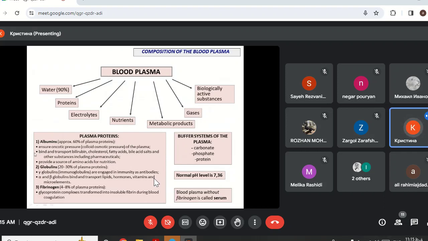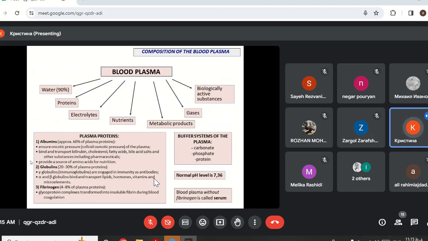Next, albumins transport bilirubin, cholesterol, fatty acids, bile acid salts, and other substances, including pharmaceuticals, attached to these albumins.